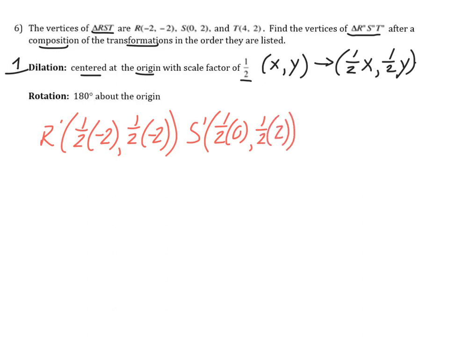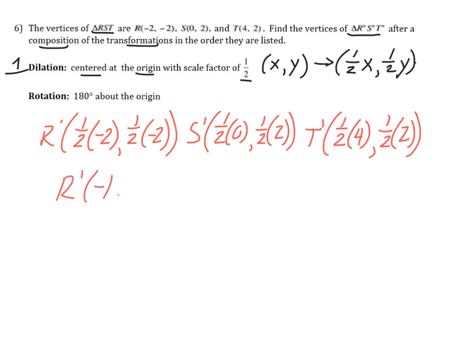And lastly, for T prime, it's going to be a half times 4 and a half times 2. Now I can come up with my new points, R prime, S prime, and T prime after this dilation. So we end up with R prime at negative 1, negative 1. S prime is going to be at 0, 1. And T prime is going to be at 2, 1.